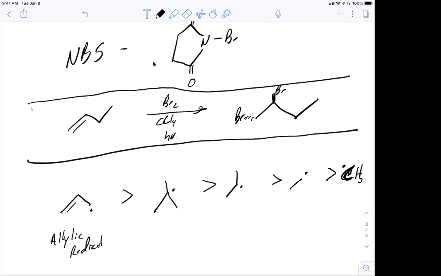So the stability follows that of an electron poor species, such as a carbocation. And in a carbocation, because of the hyperconjugation, the tertiary and the secondary allylic were about the same. Here, the allylic is more stable. So there's an energy difference between the two, substantial enough to be more selective.